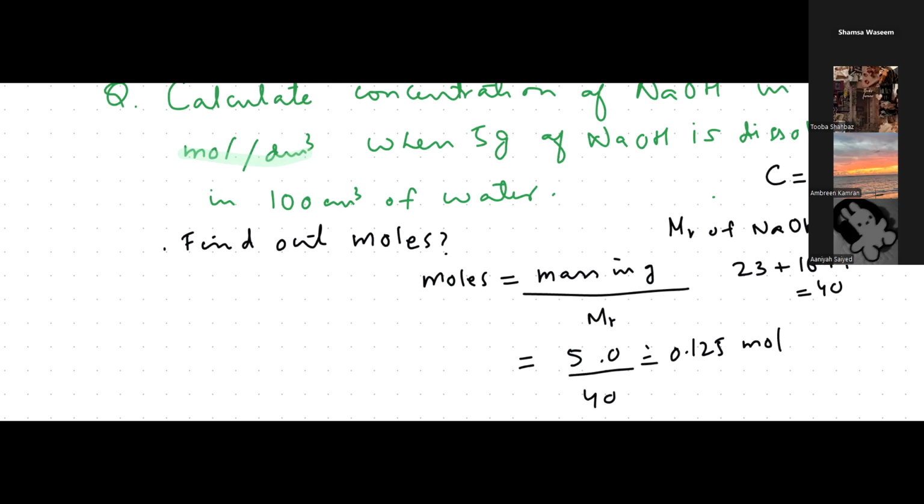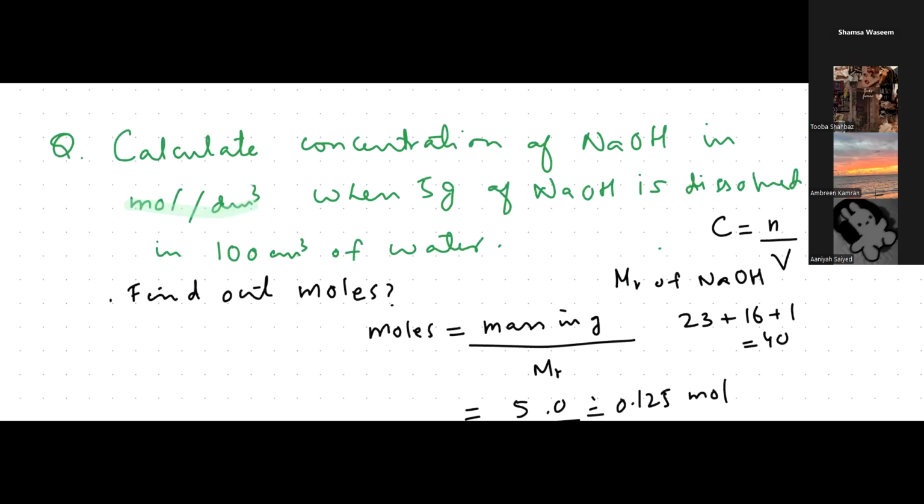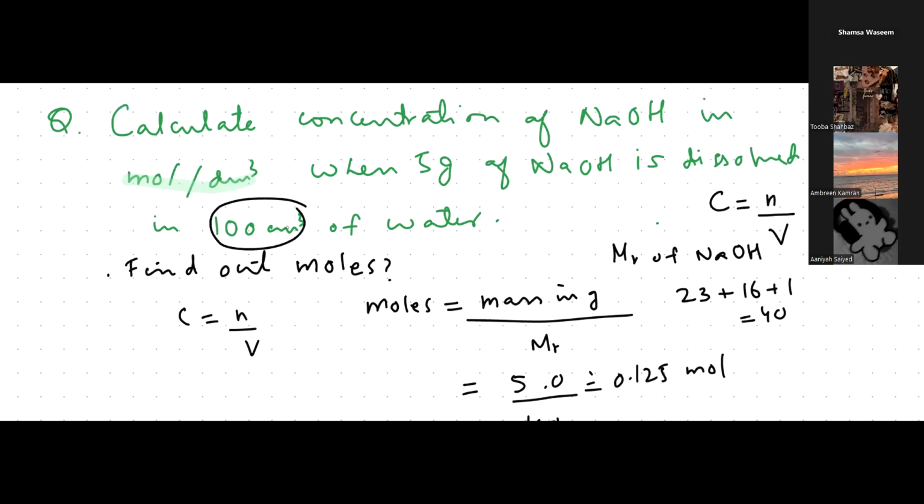Well, just give me 1 minute. Concentration is equals to moles per unit volume. Okay? We got the moles, we got the volume, that is 100 centimeter cube. But you have to find out the concentration in decimeter cube now. So we have to convert 100 centimeter cube into decimeter cube.